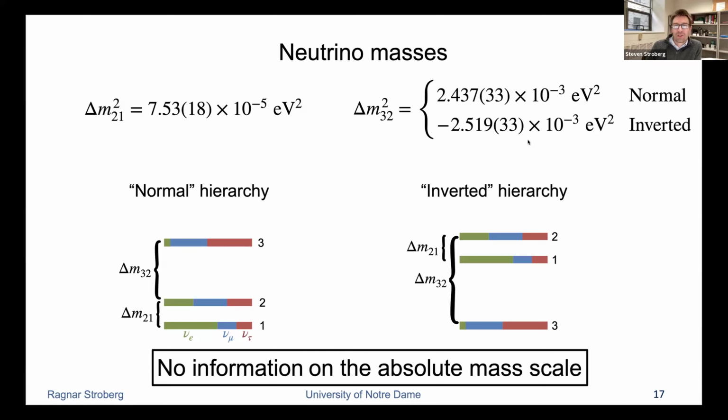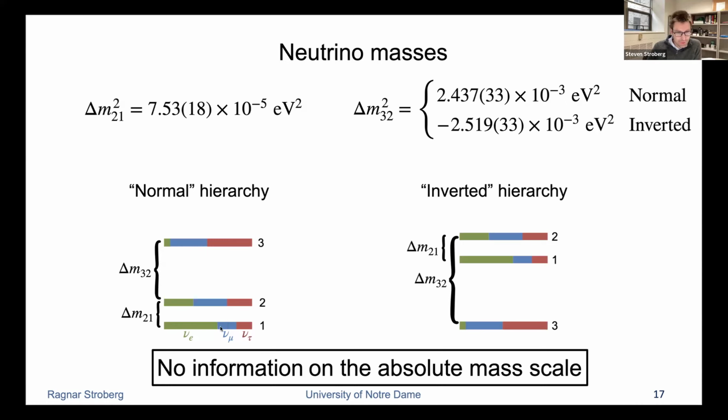But because we only know differences, and really only the magnitude of the differences, there's an ambiguity where it could be what's called a normal hierarchy, where there are 2 light neutrinos and then 1 heavier neutrino, or it could be what's called the inverted hierarchy, where there's 1 light neutrino and then 2 heavier neutrinos.